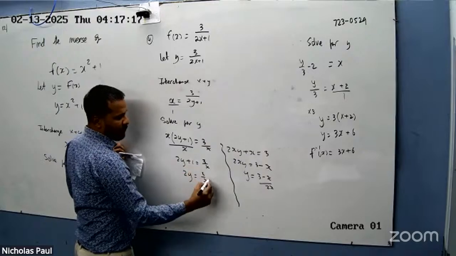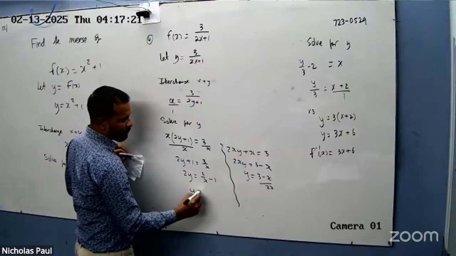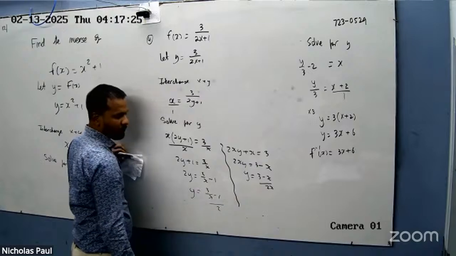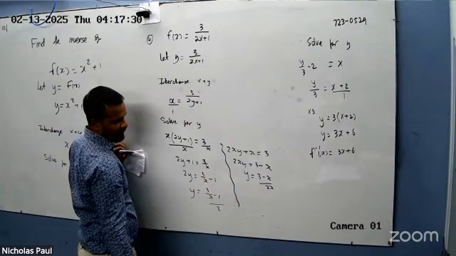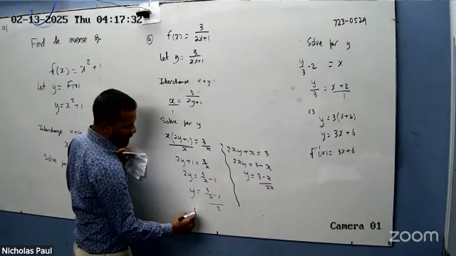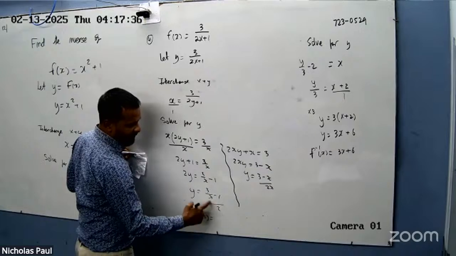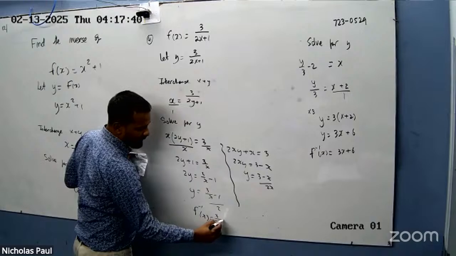Carry across the plus 1, it becomes minus 1. And then divide everything by 2. 3 on x minus 1 all over 2. Doesn't look as nice, but that's what it will look like, right? So f inverse x is equal to, you can divide everything by 2, so it will look like this. 3 over 2x minus a half.